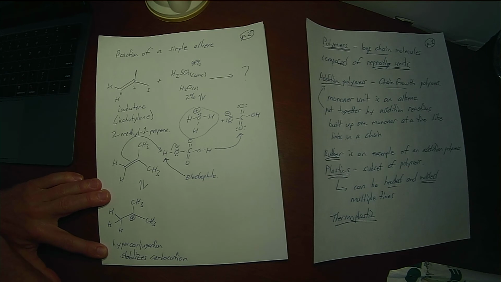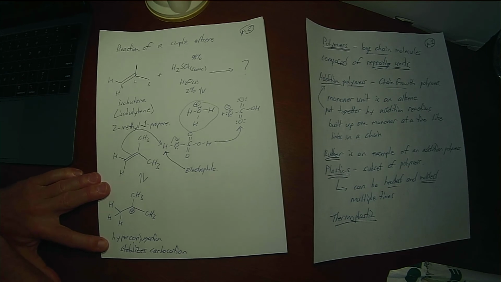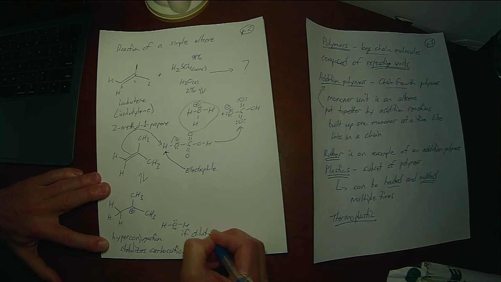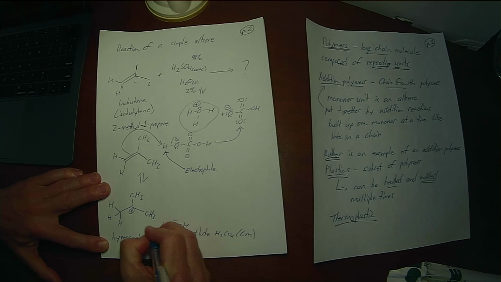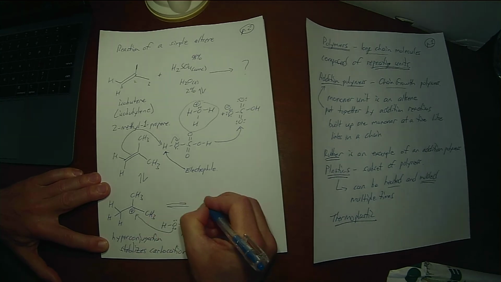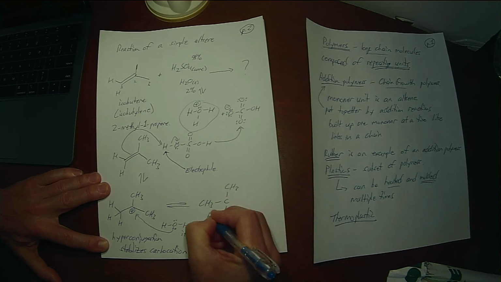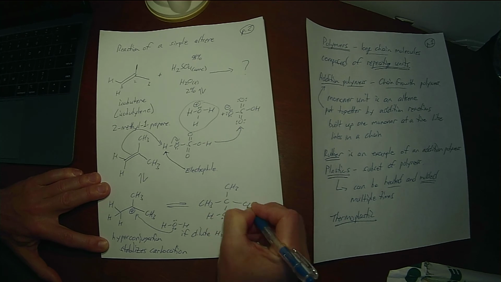What would be next? Well, if you were in dilute sulfuric acid, right, the next step would be water attacking the positive charge, because in dilute sulfuric acid, maybe like 6 molar, we get an addition reaction, and the reaction is to form an alcohol by the addition of water across the double bond.